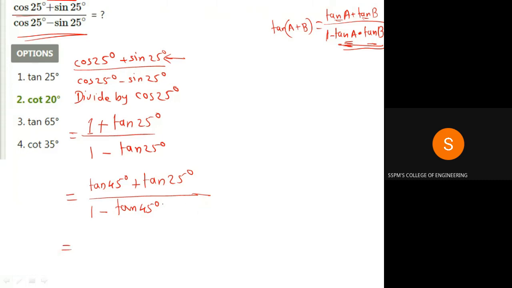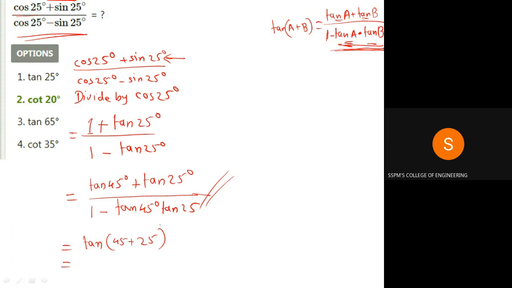Tan 45 into tan 25. If you look closely, this whole thing looks like the right hand side of the standard formula. So you can replace it by tan(45 plus 25).